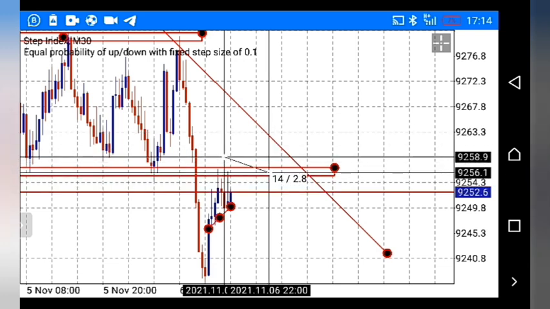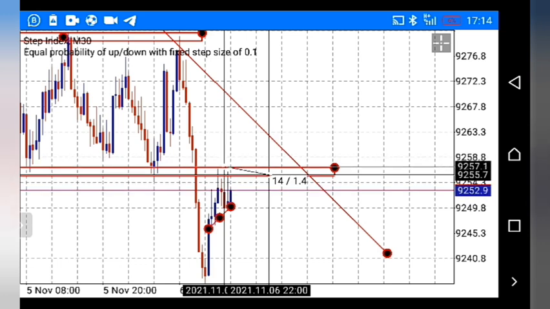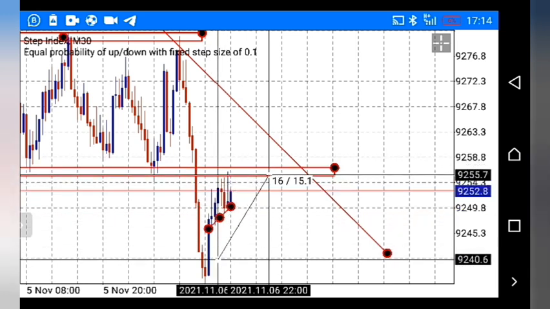If I make my entry here, this is about 3 pips. So I now take my profit here. This is 16.